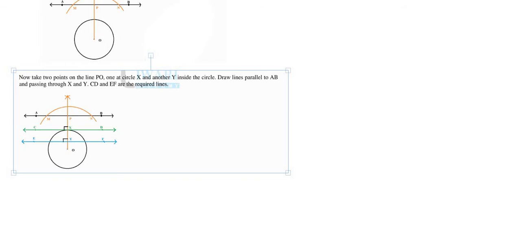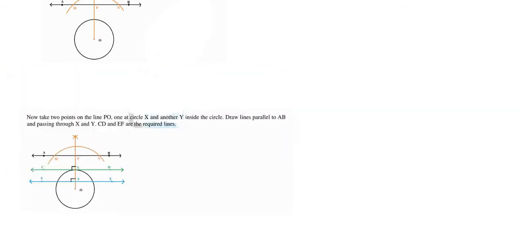This construction I explained theoretically, but theoretically we are not able to do it. So what should we do next? Take 2 points on the line PQ, one on the circle at X and another Y inside the circle. Draw a line parallel to AB passing through X and Y, and CD and EF are the required lines.